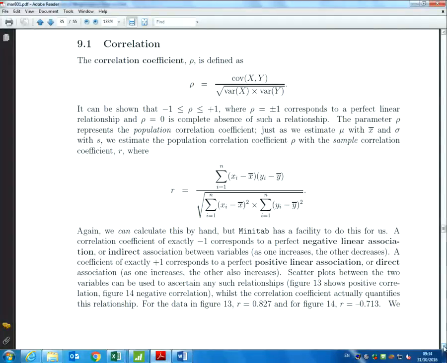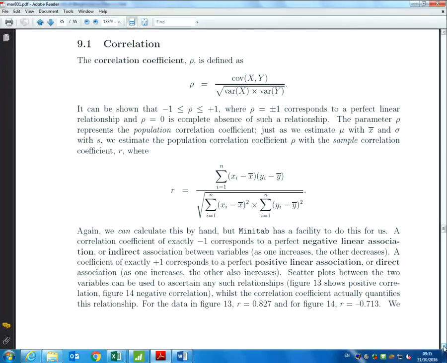Now, just to mention some of the theory, for those of you that are particularly interested in the symbols, what was the symbol that we used for the population mean? What symbol do we use for the true mean? It's a Greek letter.